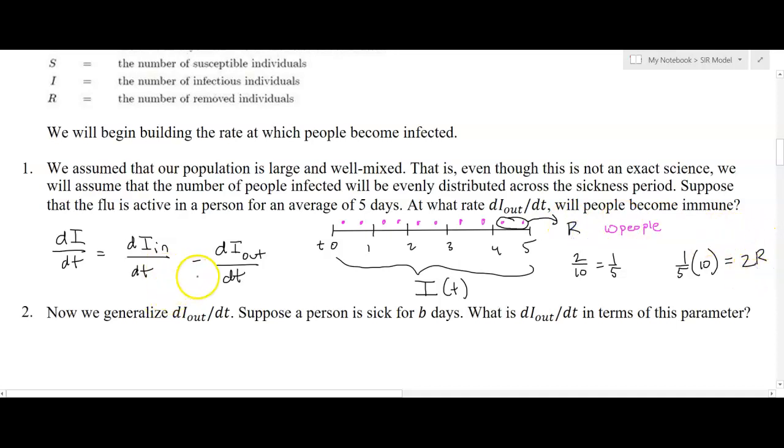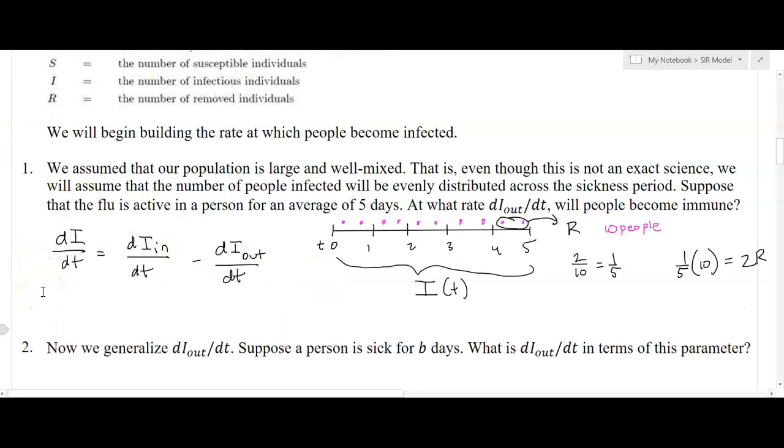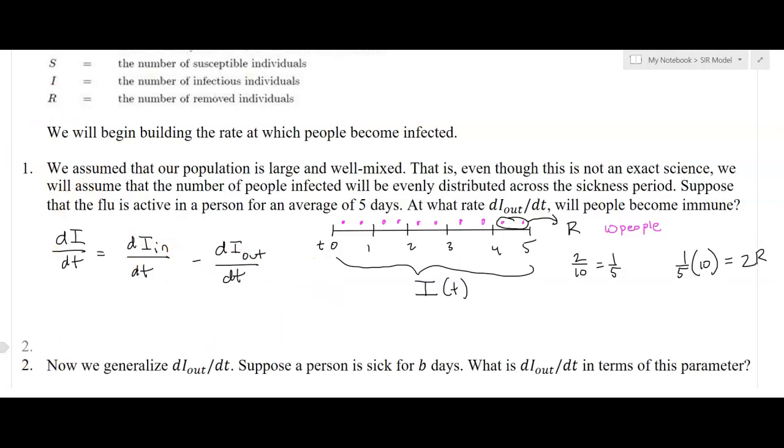So to get dI out/dt, all we need to take into account is that dI out/dt is 1/5 of the current number of infected. So 1/5 of the number of infected will be leaving the infected group by virtue of our assumption that the population is well mixed.